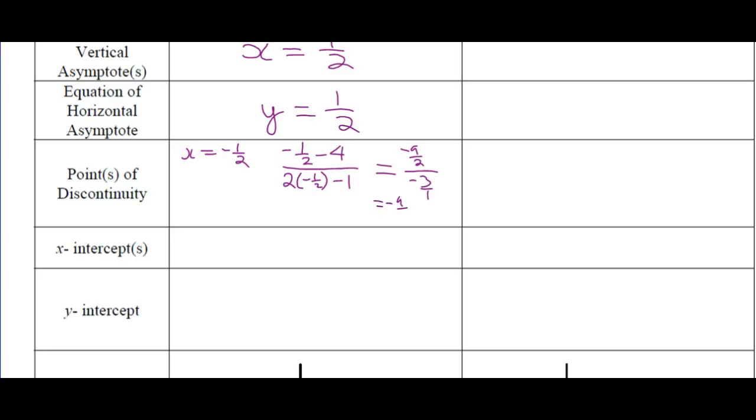So it's negative 9 halves times, now right there, I like to write it as a fraction, negative 2 over 1, so that I can multiply by the reciprocal, right? Flip this. So that's positive 9 halves... so the point of discontinuity is at negative 1/2, 3 halves.